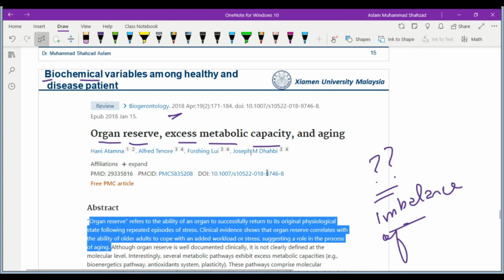And if these reserves become depleted or reduced, then there is an imbalance, and it leads to disease. That's why, with the aging process, the organ reserves or metabolic capacities, the biochemical variables, decrease with age. As a person gets old, these metabolites decrease, and then it leads to disease. That's why when you are young, you don't face any disease, because you have excess reservoirs.